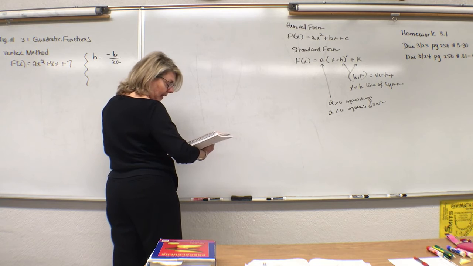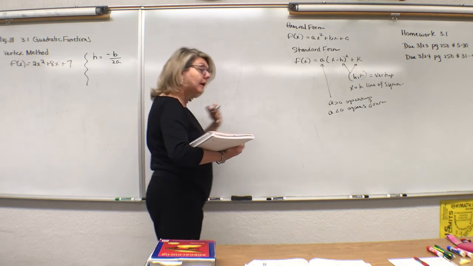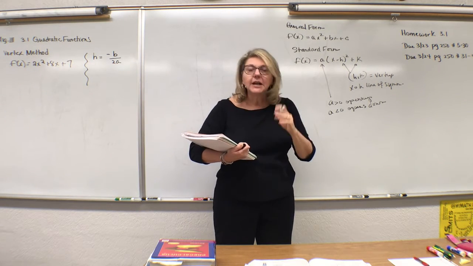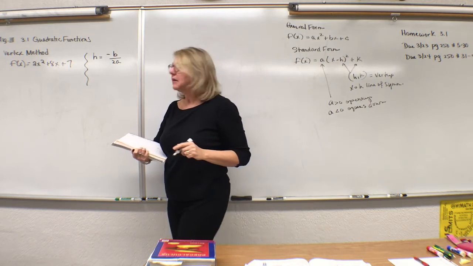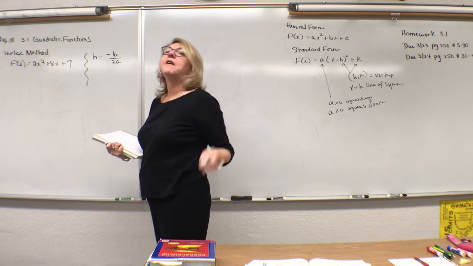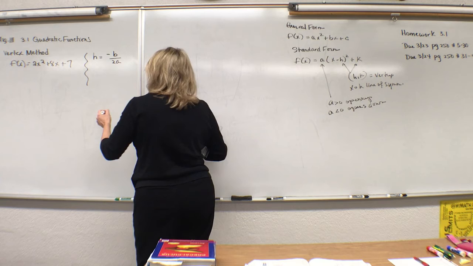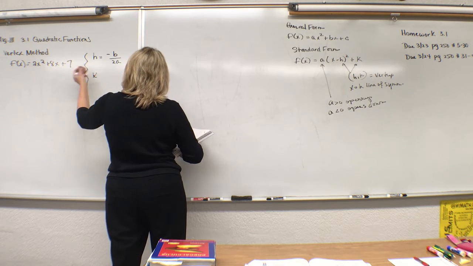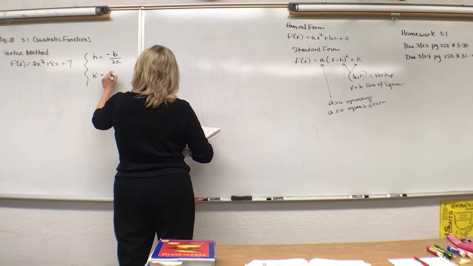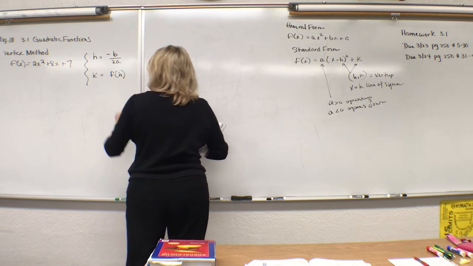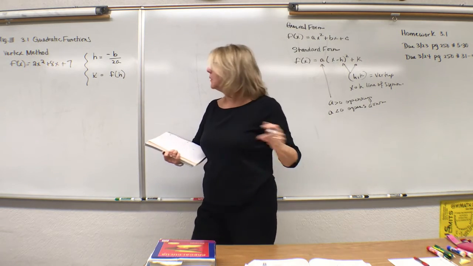We've kind of heard some of that before when we were unpacking the quadratic formula. Again, these are not unrelated topics. Once we find the value of h, to get k, the y value of the vertex, it's simply f of h.